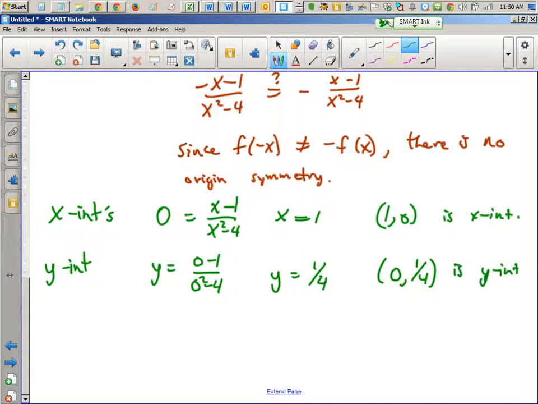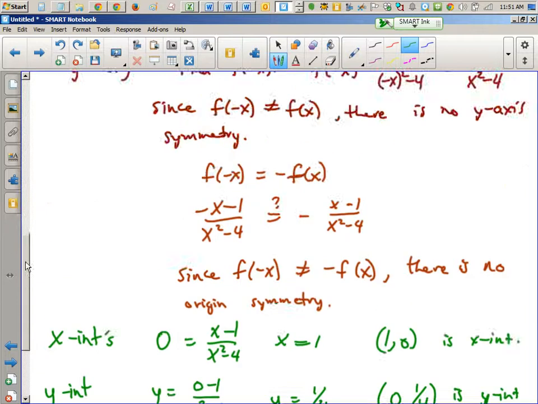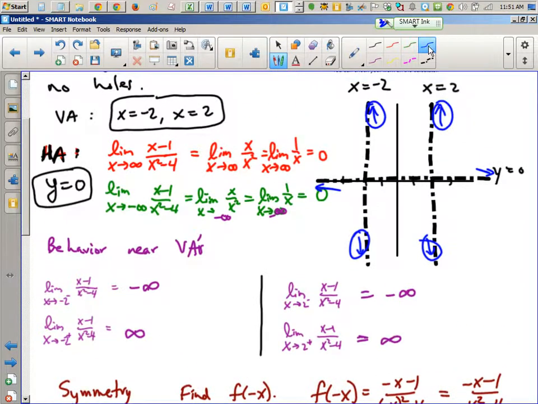We need a point at 1, 0, and we need a point at 0, 1/4. All right. So 1, 0, 0, 1/4. We'll just make that 1. And now it's time to sketch. So you've already got everything you really need. Just go ahead and draw in the curves.